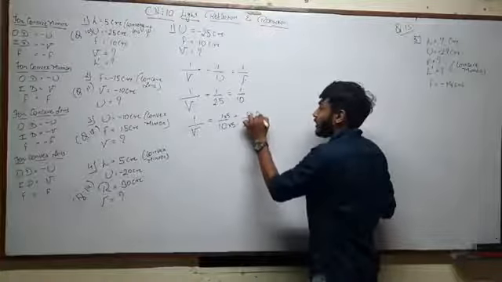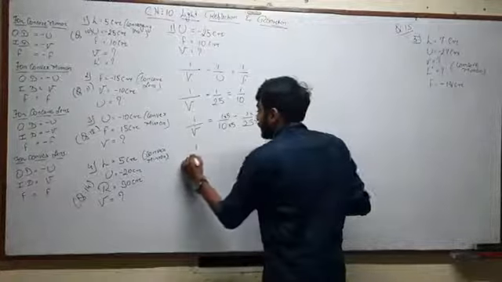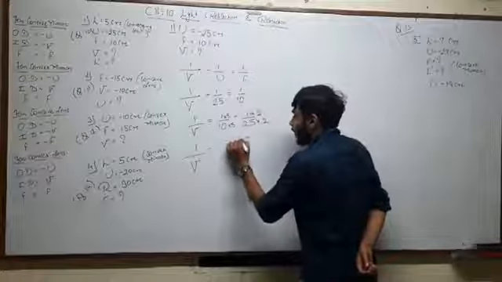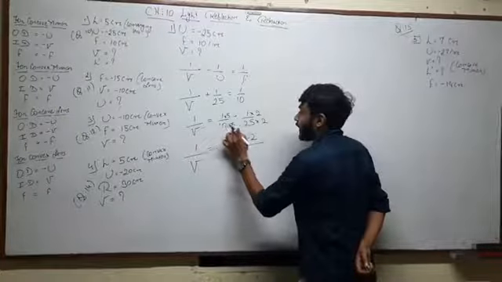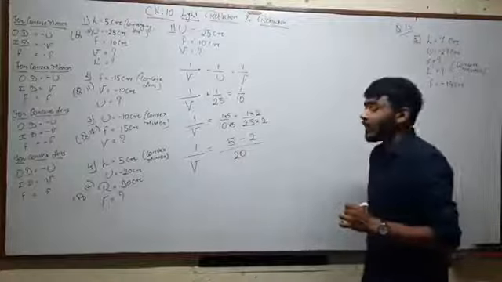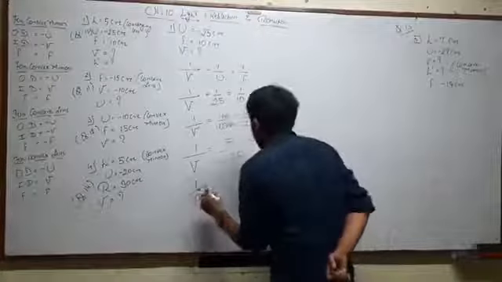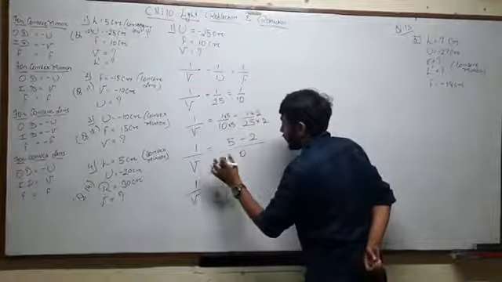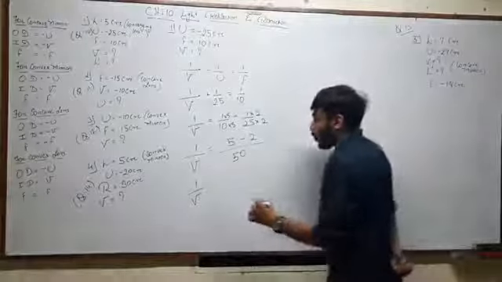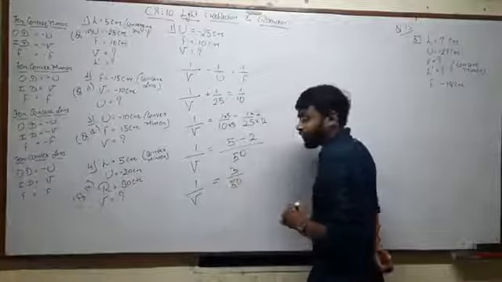Once the base, that is the denominator, becomes the same, we can write 5 minus 2 upon 50. Sorry, my mistake, 10 5s are 50, 25 2s are 50. So 1 upon V is equal to 3 upon 50.